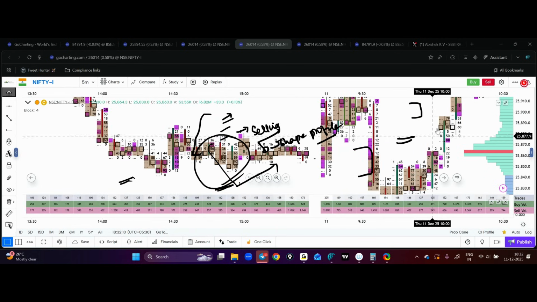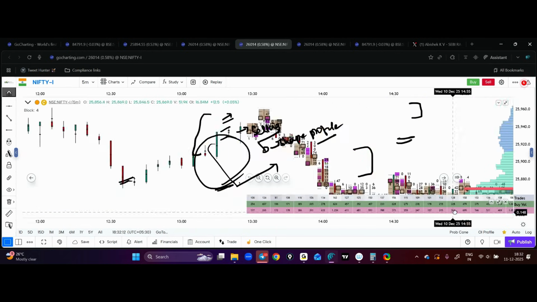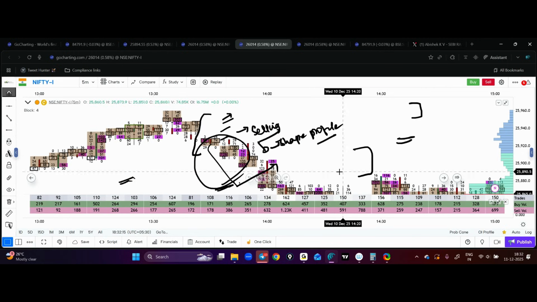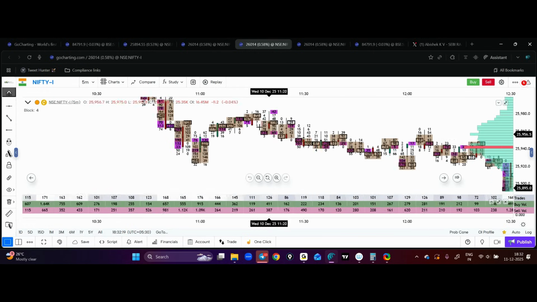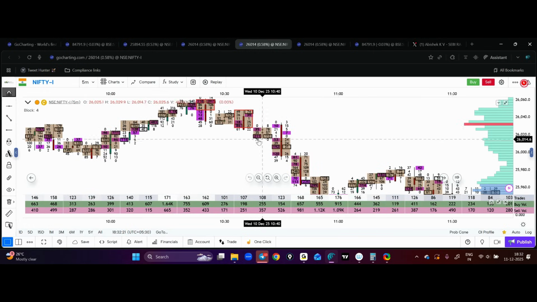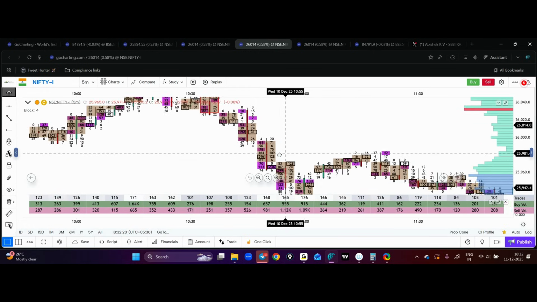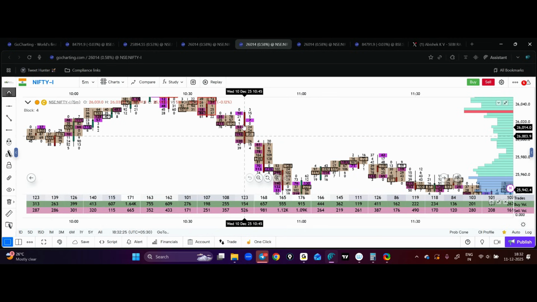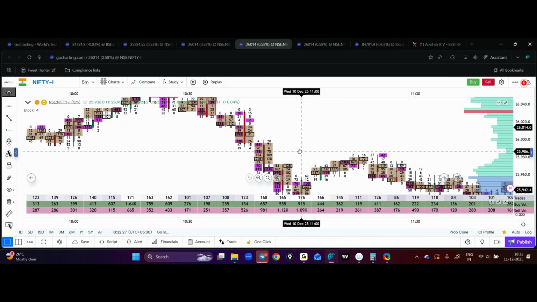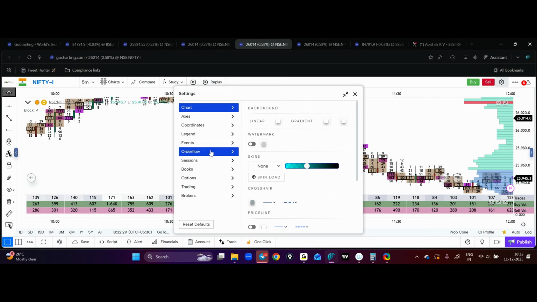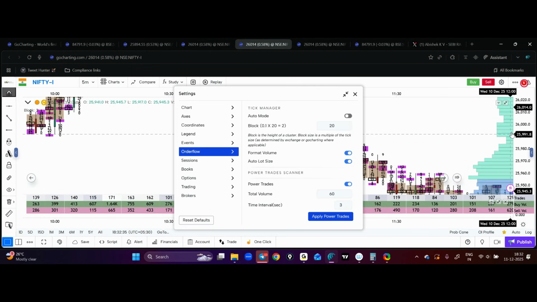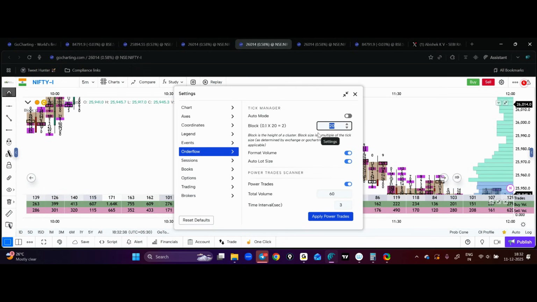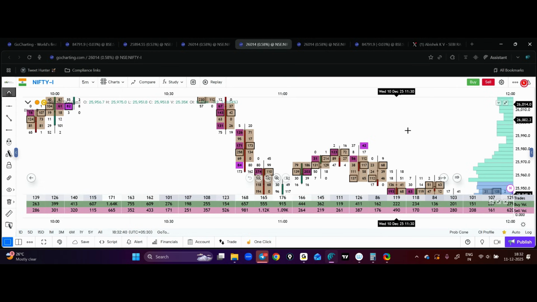Someone asked, can you show me examples of heavy selling? That's a good question. Look at these numbers. I can even reduce the tick size if you want more clarity, or even increase it for you.